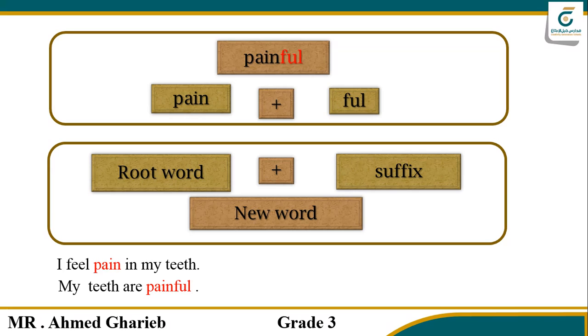In the first sentence, pain is a noun, and in the second one, when we added ful to the pain, the noun, what happened? Ful changed the noun pain into an adjective, painful, as you see. Painful comes after the verb to be, are, so it's an adjective. But in the first sentence, a noun, okay?